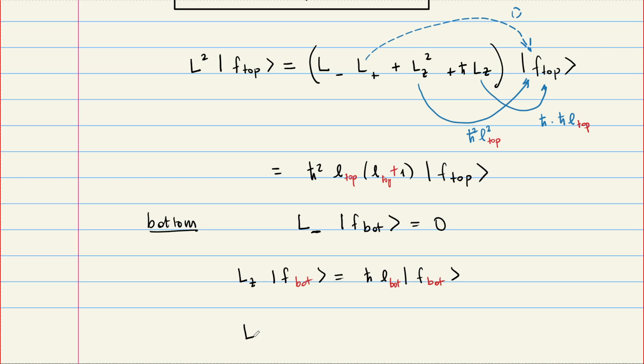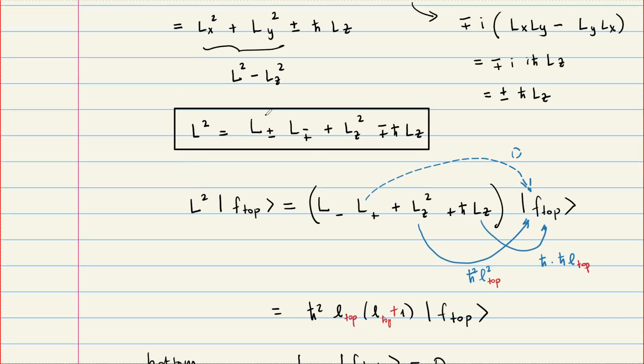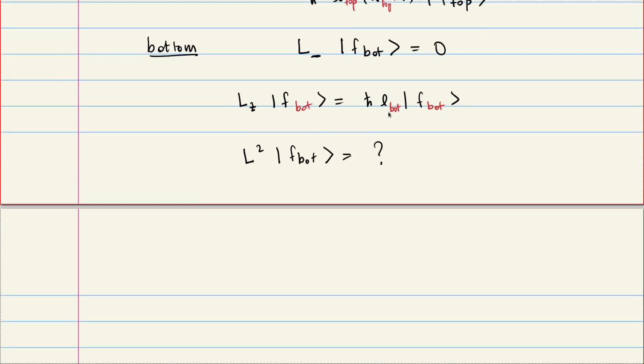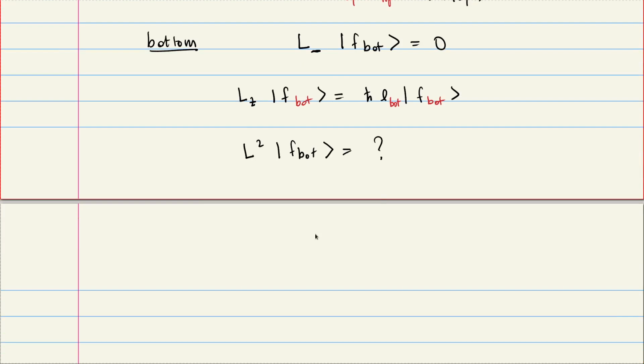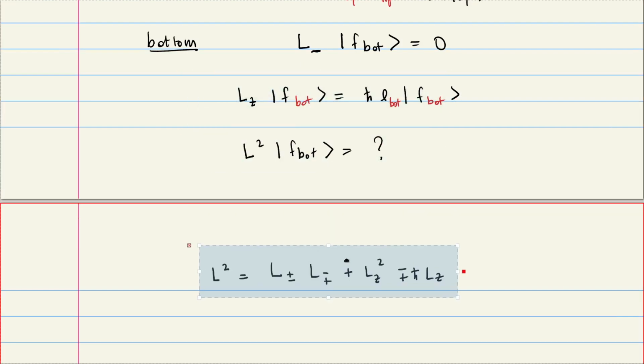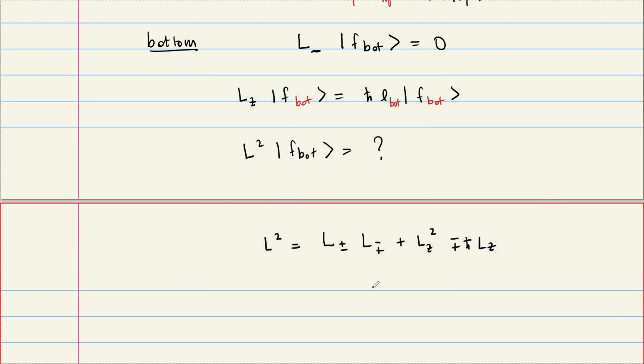So we need to find L squared acting on F bottom. What is this quantity? And for that, I'm also going to use exactly the same expression. But here it is already the bottom, and I want to operate with L minus so that it's going to annihilate. So I'm going to choose the lower signs in this case.